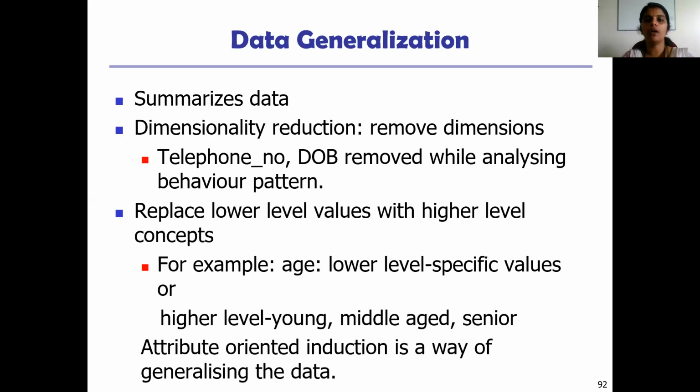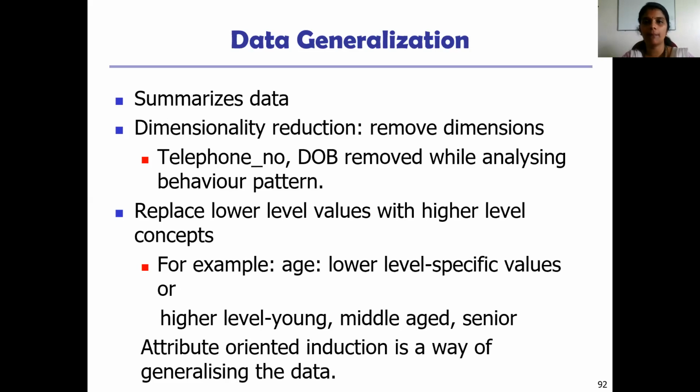For example, if you have a student database and you want to analyze the behavior pattern of students, you need not have telephone numbers or email IDs for the relevant data, right? So I can remove the dimensions representing telephone number, email ID, date of birth, etc. That is an example of dimensionality reduction.